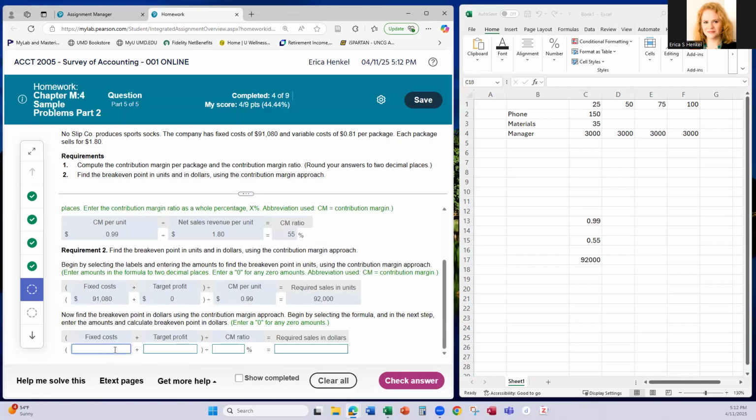So 91,080 plus 0 target profit divided by our contribution margin of 55% gets us to $165,600 in sales to break even.